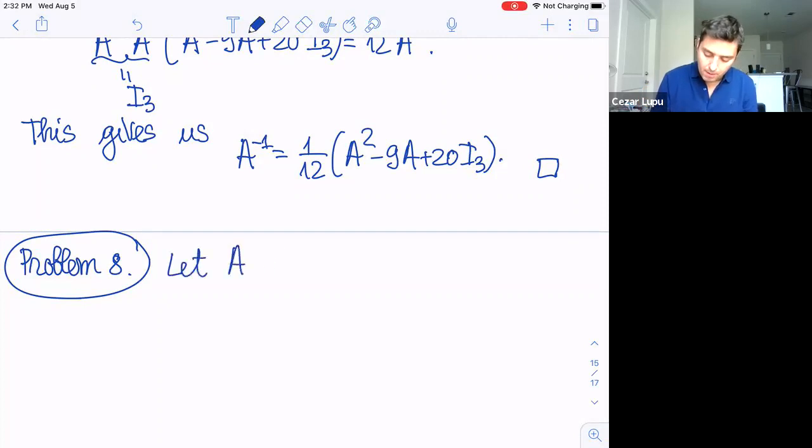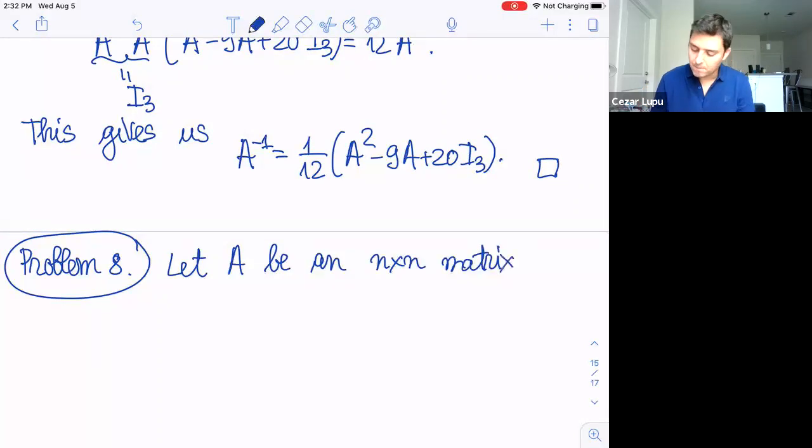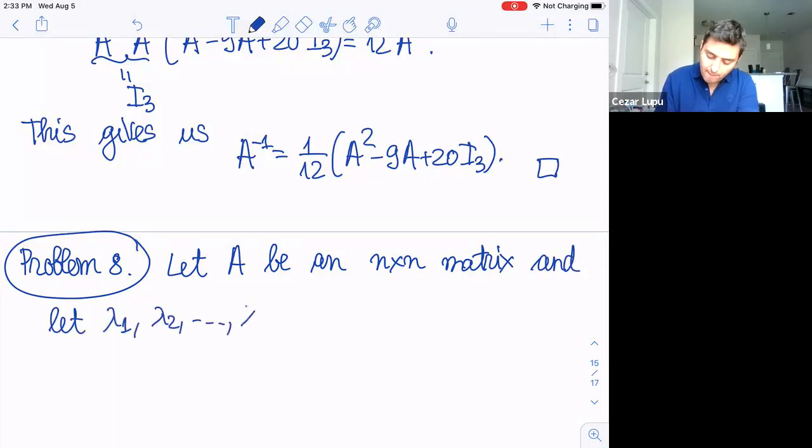Let A be an n by n matrix, because we will use this, and we actually use this in problem 6. Let A be an n by n matrix, and let lambda 1, lambda 2, up to lambda n be its eigenvalues.